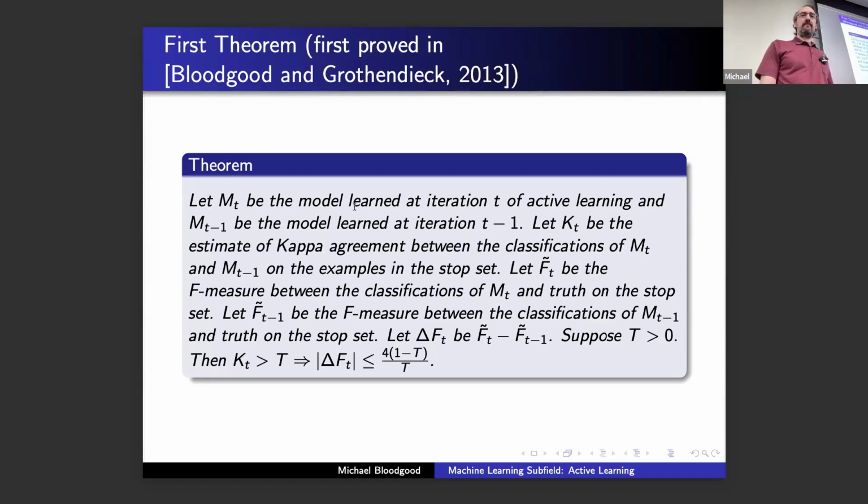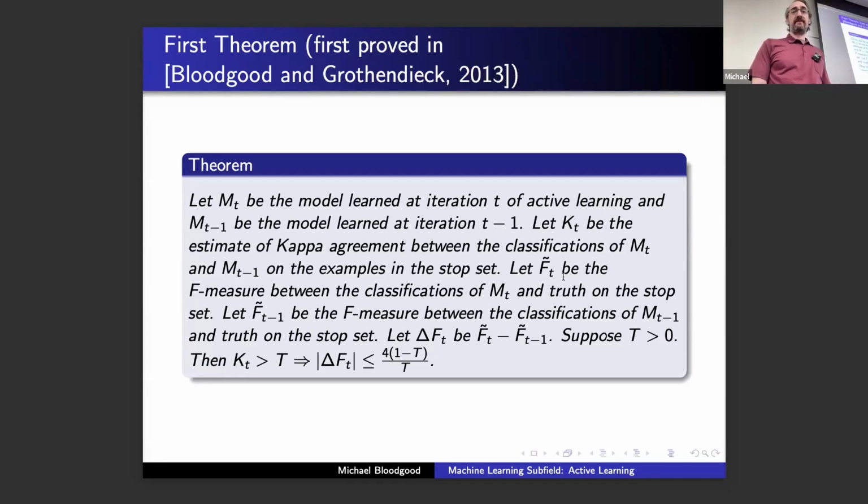Let m sub t be the model learned at iteration t of active learning, and m sub t minus 1 be the model learned at the just prior iteration, so consecutive iterations. Let k sub t be the estimate of kappa agreement between the classifications of the most recent model at iteration t and the just previous model on the examples in the stop set.